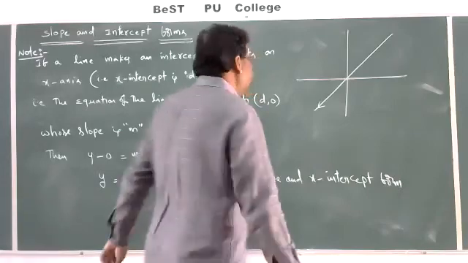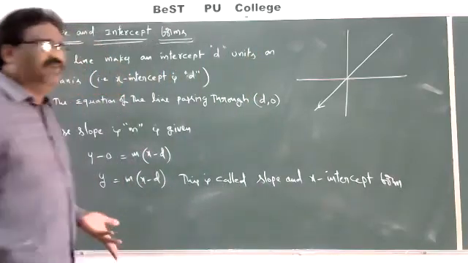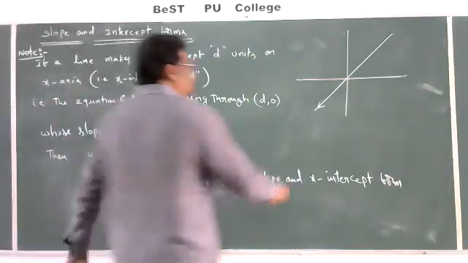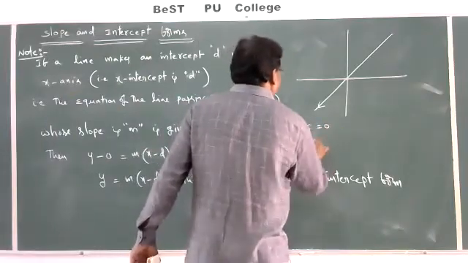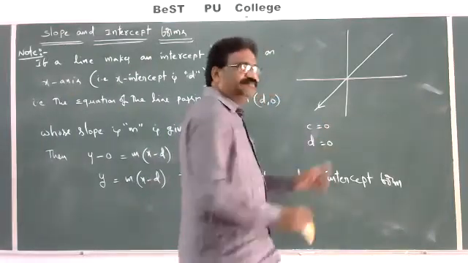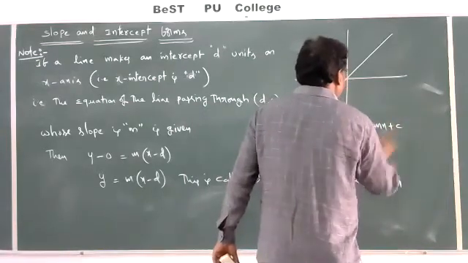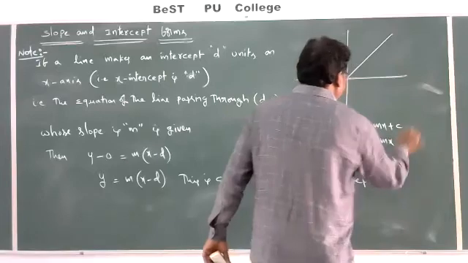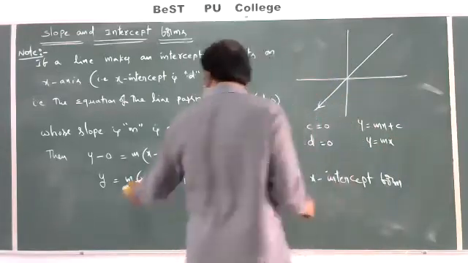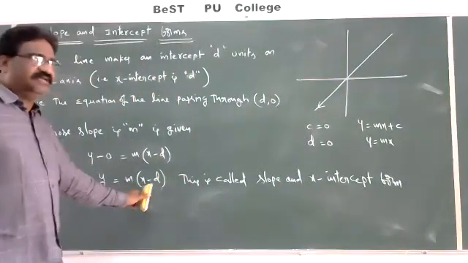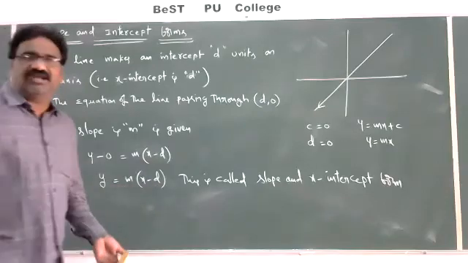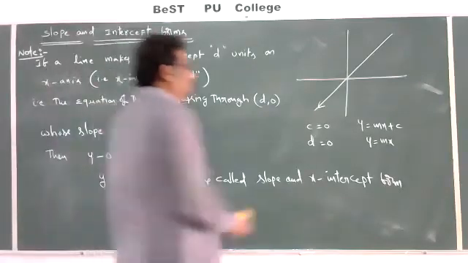The line making 0 intercept on the x and y axes, that is c is equal to 0 and d is also 0. So in y is equal to mx plus c, with c equal to 0, you get y is equal to mx. For example, you substitute d is equal to 0 here, we again get y is equal to mx. That's why you write it.